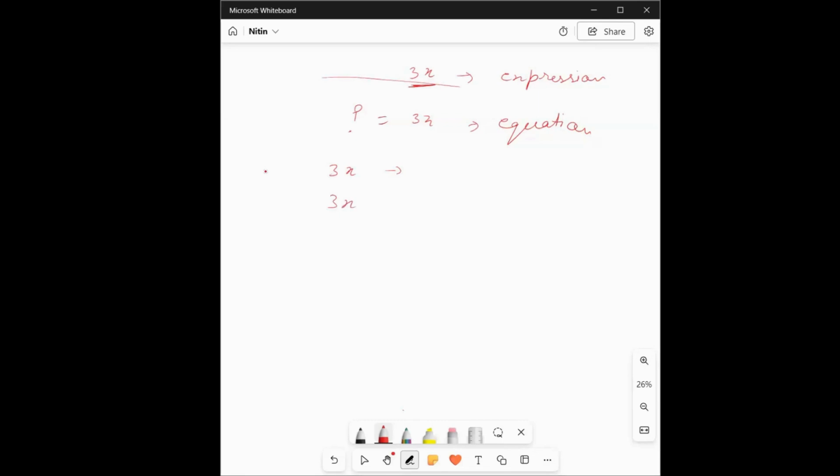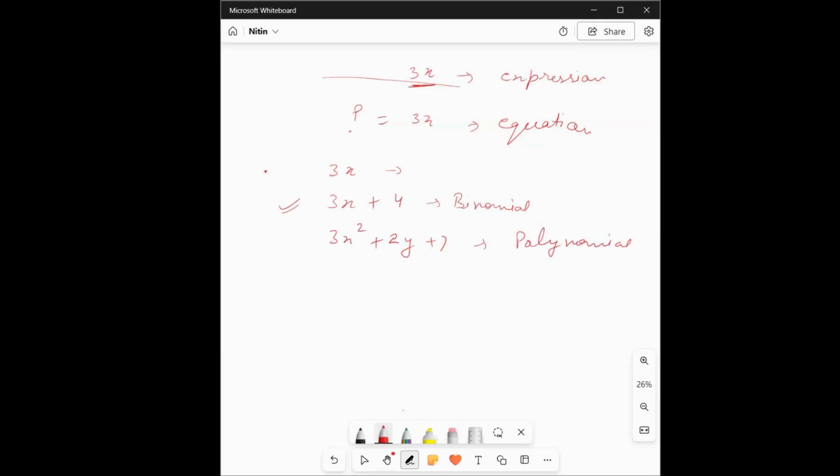And if I had, let's suppose, 3x plus 4, how many terms do we have here? 2. We can call it a polynomial also, but for 2 terms, we can say binomial. And if we have more than 2 terms, like 3x squared plus 2y plus 7, then we call it a polynomial.